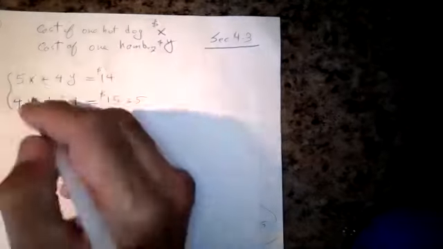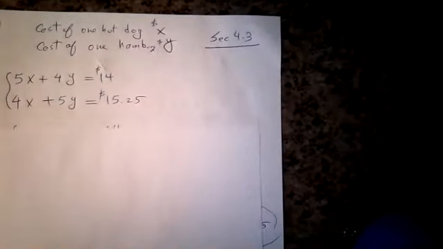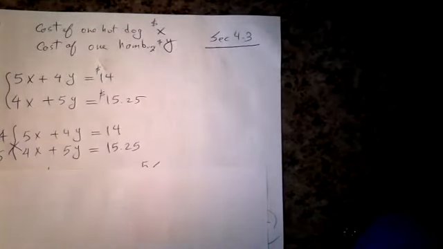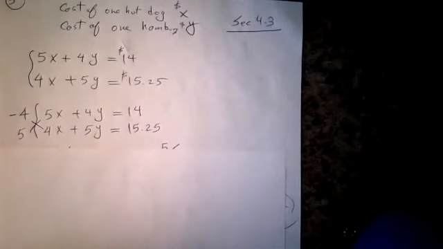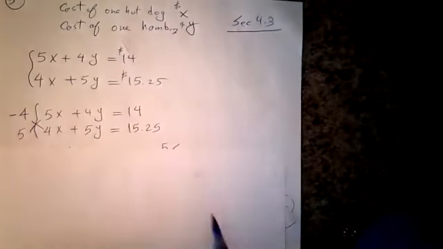And now I want to eliminate X. Remember the interchange, so we do the interchange here. We put 4, -4 here and 5, and you multiply that.